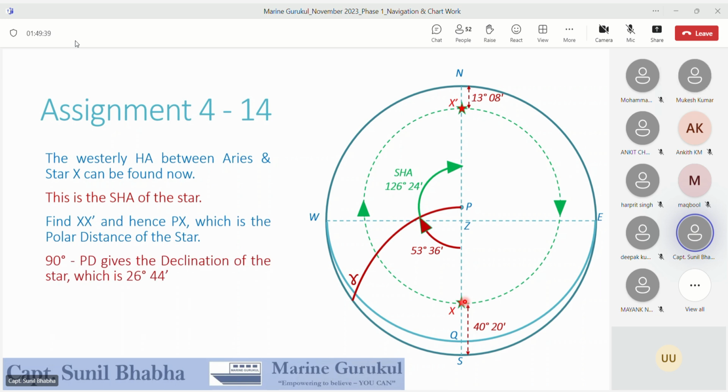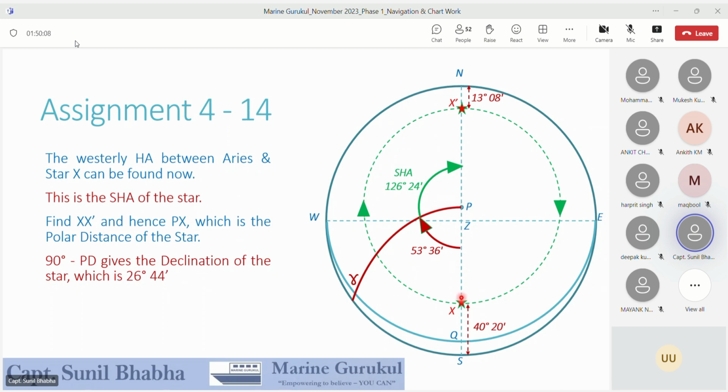126 degrees 32 minutes. Now, if I divide the diameter by 2, I get the radius of this particular circle. The radius of this circle is Px dash. This radius of the circle which I am getting is basically the polar distance of the star. This is the pole, and point X or point X dash is the star.